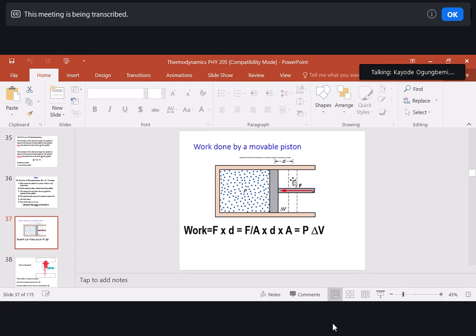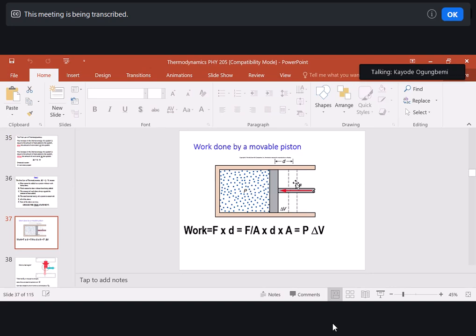Yes, sir. That is the original place of the piston. That means the molecules inside the cylinder have more room to move about before they collide with each other or the wall of the container.